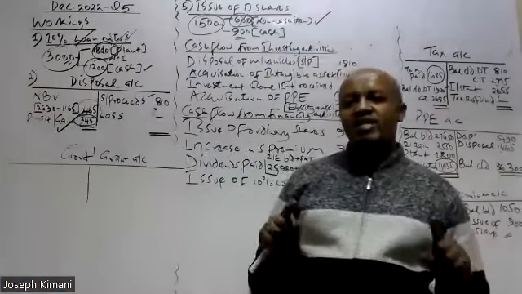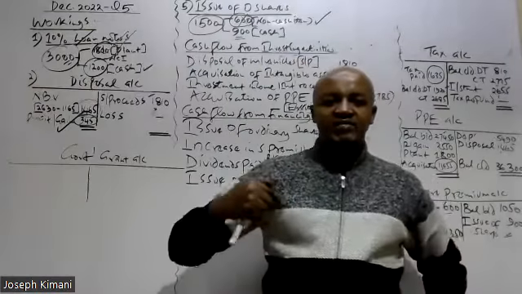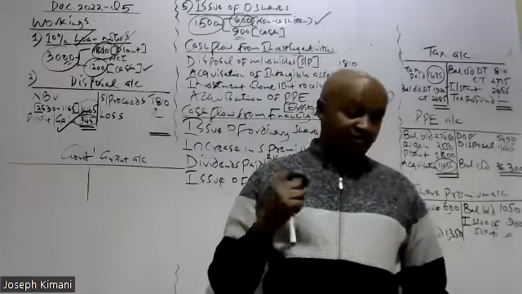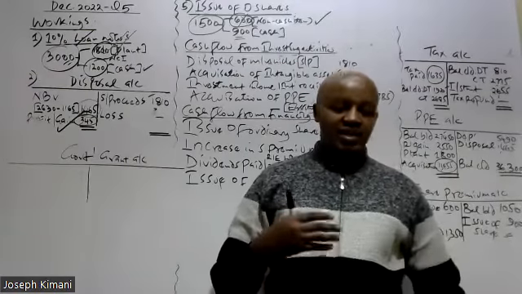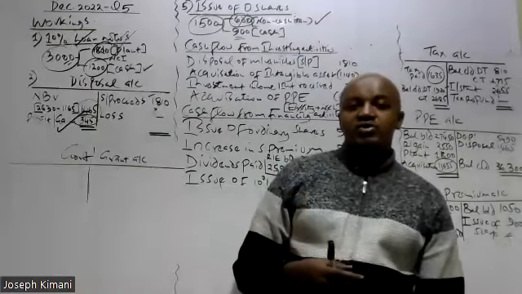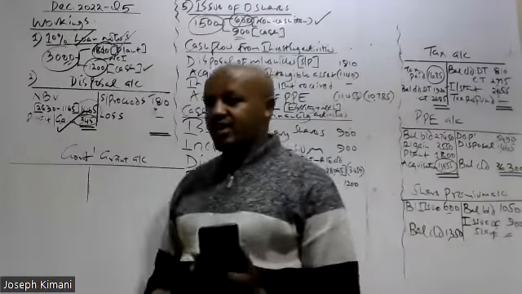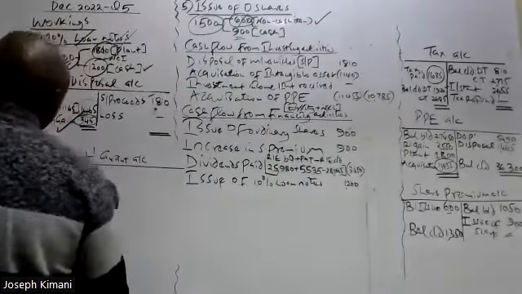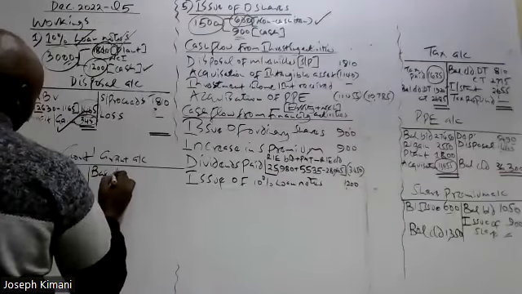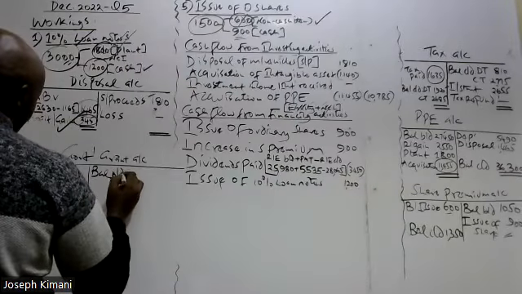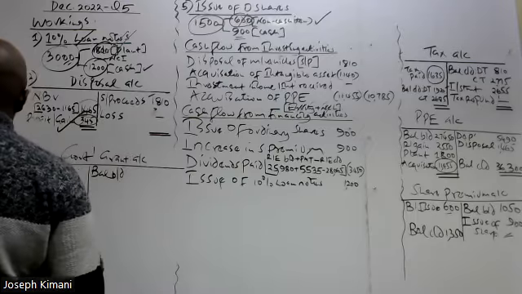The reason why we need to prepare this account is to determine, was there any government grant which was received during the current financial year? Because from the income statement, I hope you can remember, we were given the amount of government grant which was amortized, which was recognized as income during the current financial year. So the government grant is basically a liability. We first of all take into account the opening balance, which should be on the credit side.